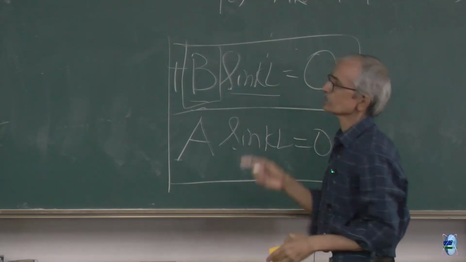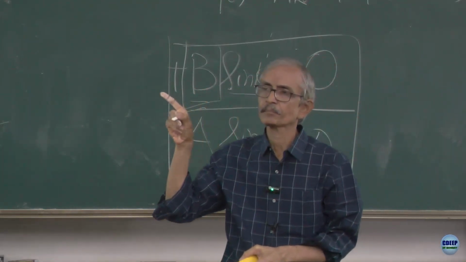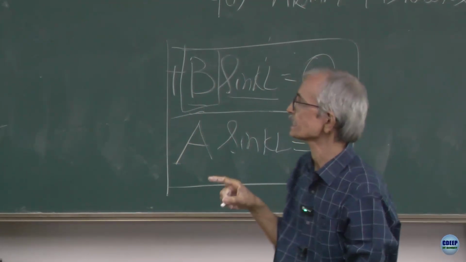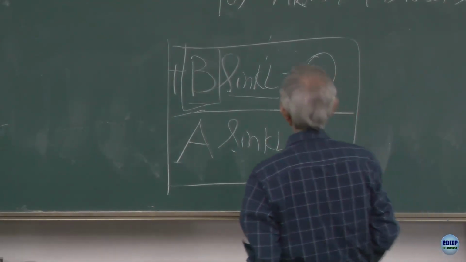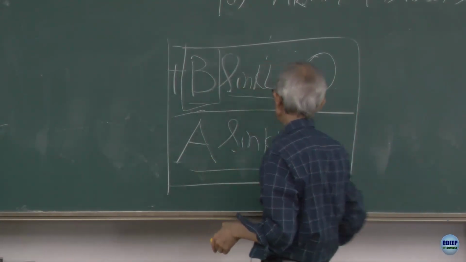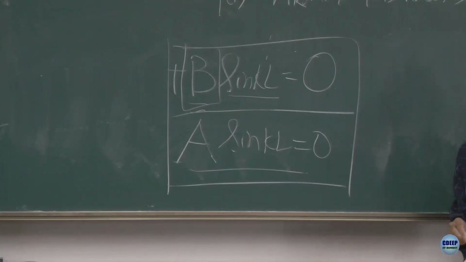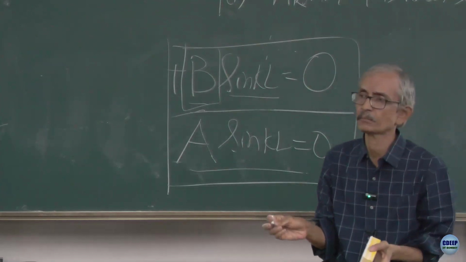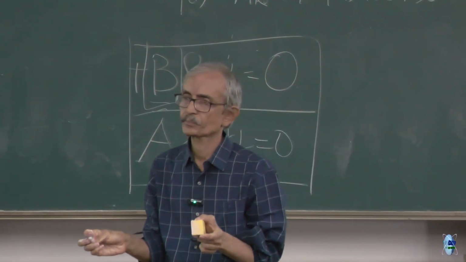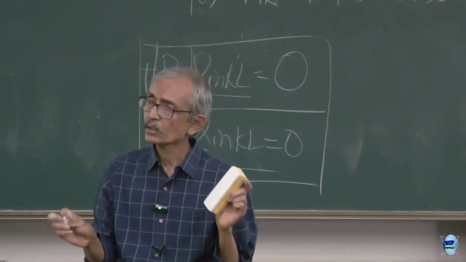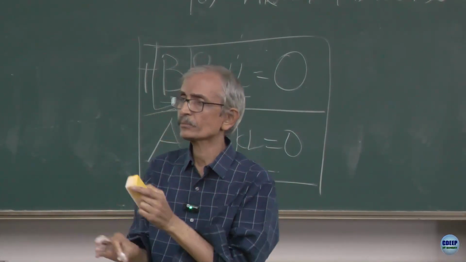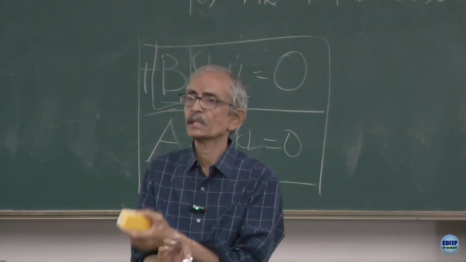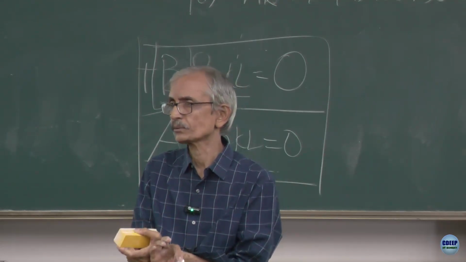Now I have got these two guys here. The earlier condition gave me b sin kl equal to 0. The other condition now gave me a sin kl equal to 0. Now what can I comment on a and b? Now I can say that if I want a non-trivial solution, a and b have to be non-zero. Okay.